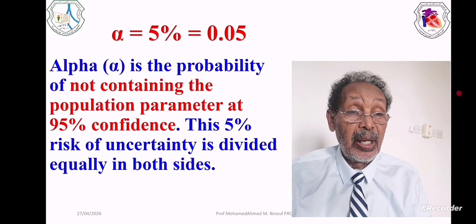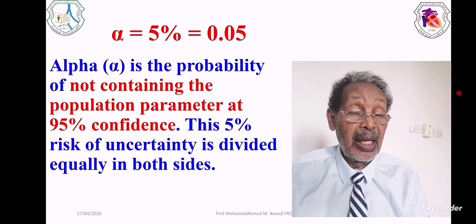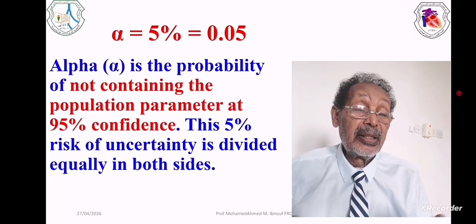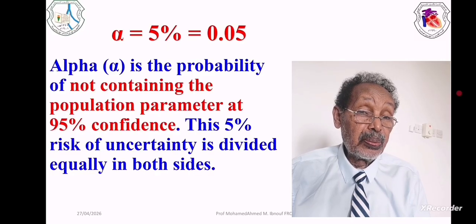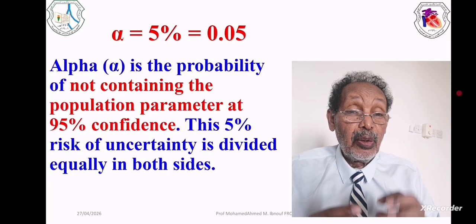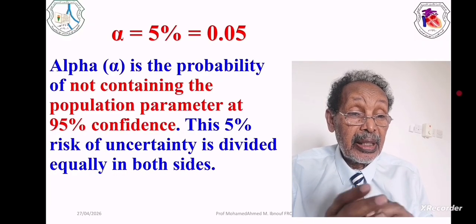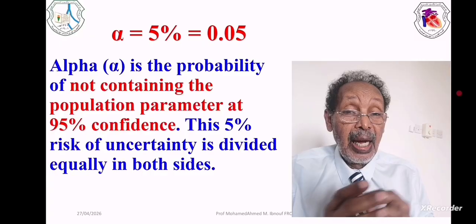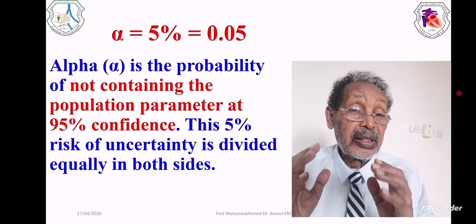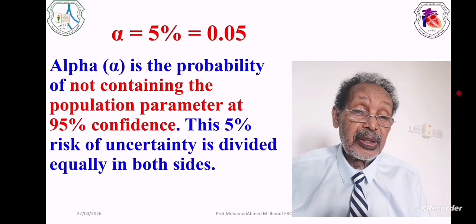So I said alpha is 5%, and usually we take the statistically significant difference as equal or less than 5%. It is equal to 0.05. Alpha is the probability of not containing the population parameter at 95% confidence. It is outside the 95% confidence.